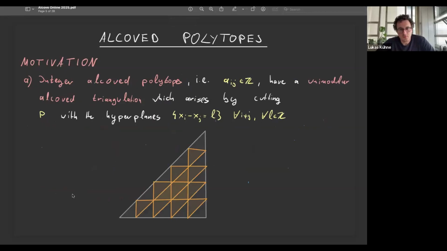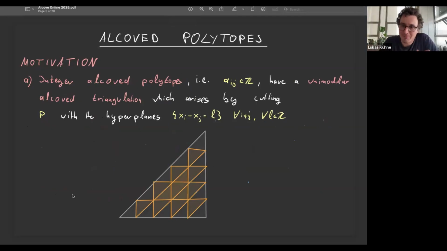From my point of view, there are two more motivations to look at alcoved polytopes. If these a_ij's, these parameters, are integers, there's a canonical triangulation of these polytopes, which is called the unimodular alcoved triangulation, where we just cut the alcoved polytope by translates of the hyperplanes x_i minus x_j.